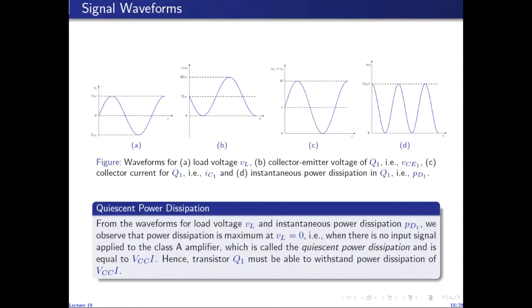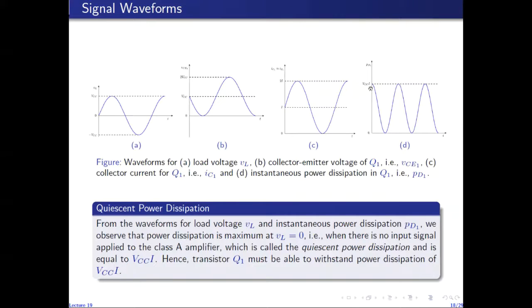So under quiescent conditions, when there is no VI, VL is 0, and the power dissipated in transistor Q1 is the maximum, equal to VCC times I. So Q1 dissipates maximum power under quiescent conditions. This is also called quiescent power dissipation.